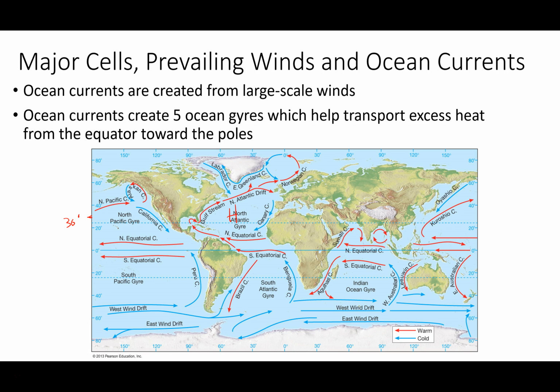And so around a high, we know that wind moves clockwise in the northern hemisphere. So you can see that movement clockwise. We go ahead and pick on that gyre. You can see that we have warm water coming up and cold water going down. So it's a cooling effect. It helps move thermal energy around.